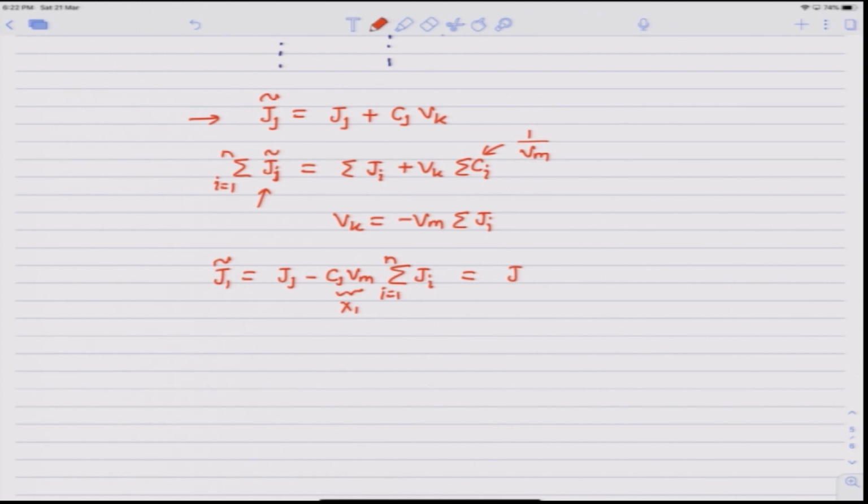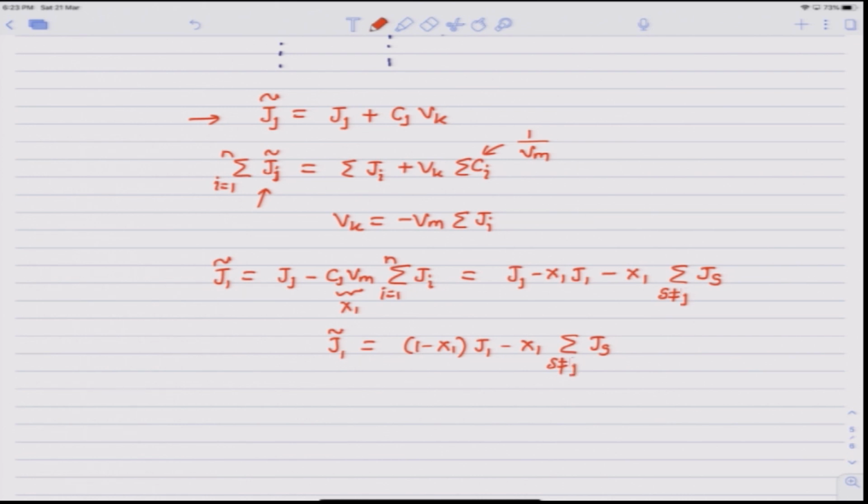So we can also write this as J1 minus x1 J1 minus x1 times sigma J_s, and this summation is performed over all components except 1, because I took x1 J1 out here, and this can be represented as (1 minus x1) times J1 minus x1 times J_s, s not equal to 1.